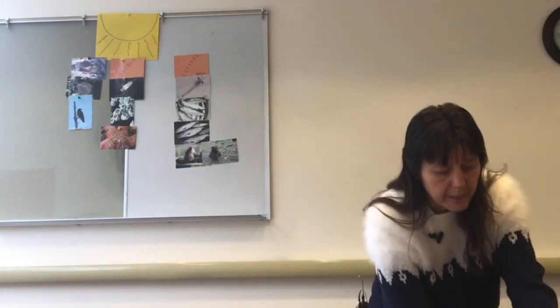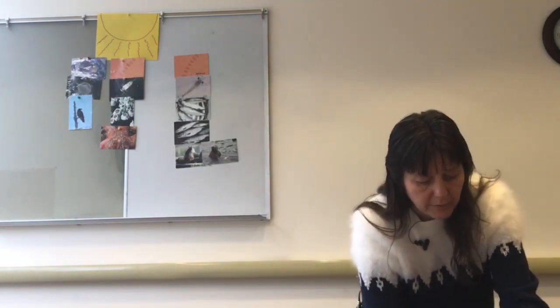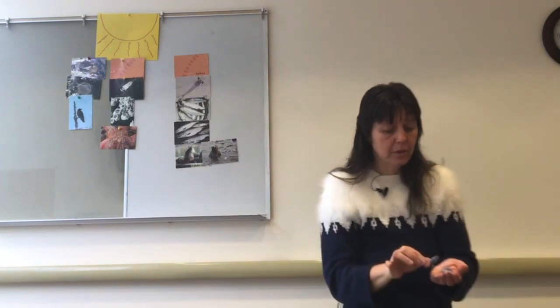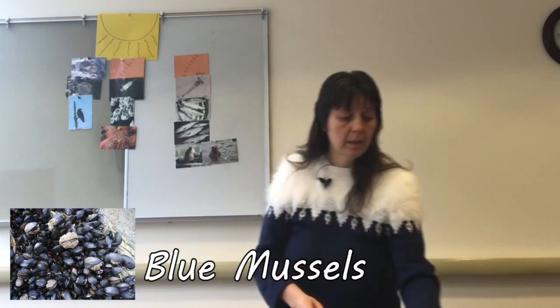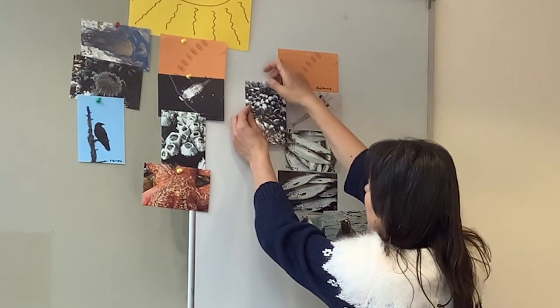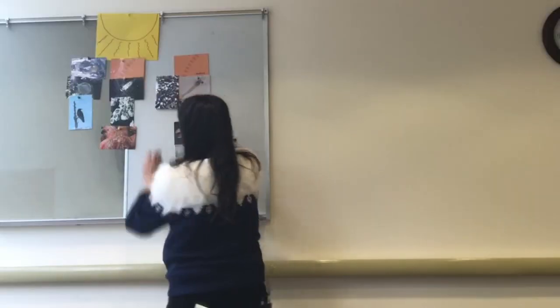When you're on the beach, you probably have seen bivalves, little mussels, blue mussels, that are also filtering the water and eating the diatoms. This is the last food chain I'm going to put up here. So blue mussels are closely related also to clams.